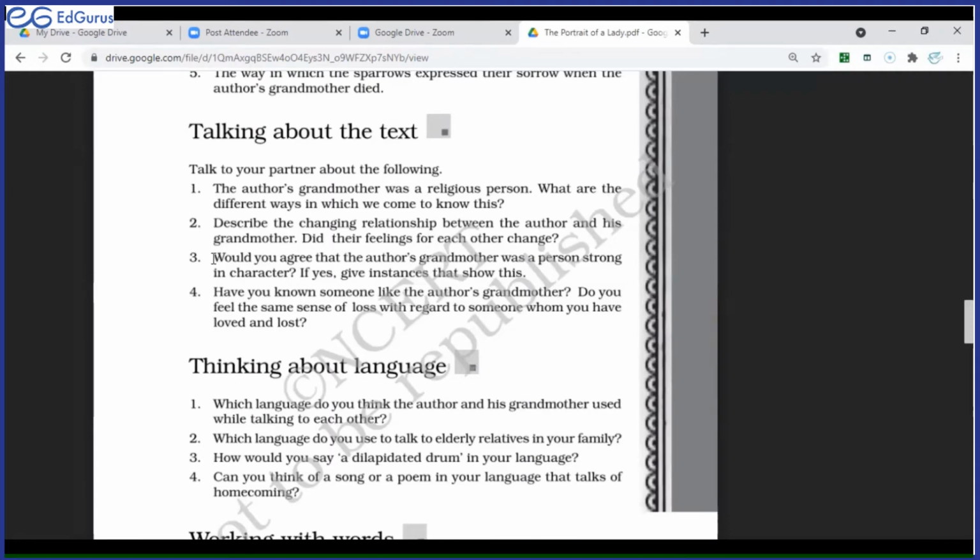Another thing important about her strength, strong mind, is that when the author went abroad, she never cried. Very quietly, she sent him off. She was so strong that she had some intuition about her death.